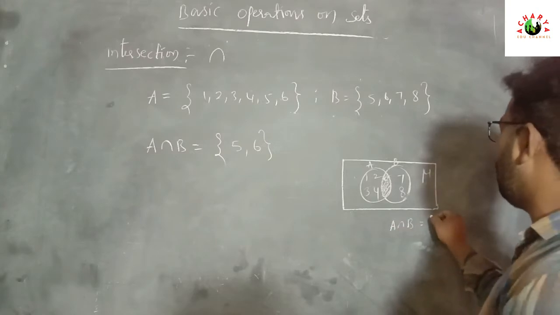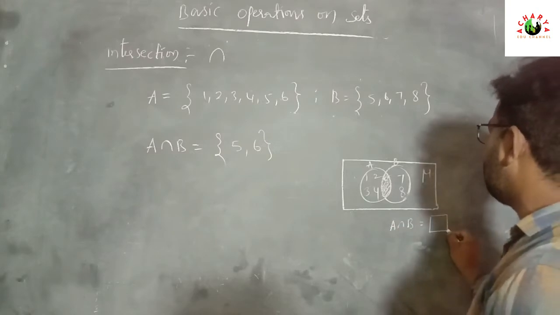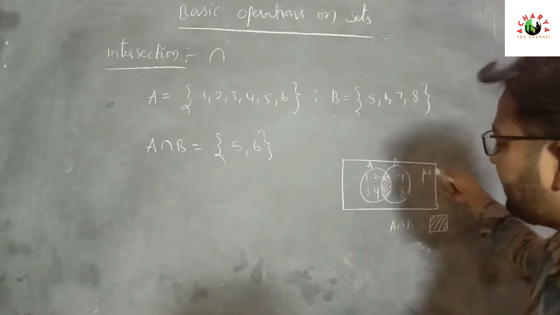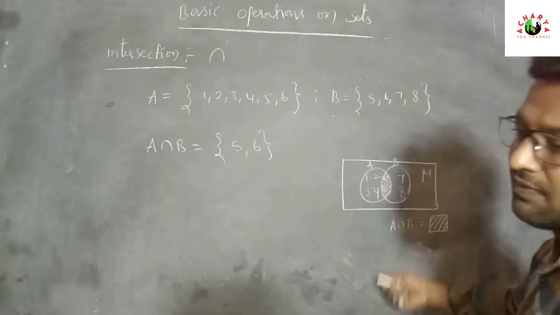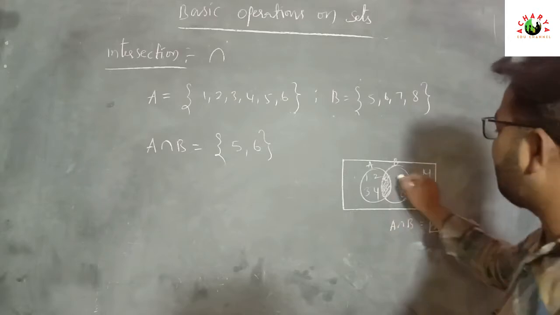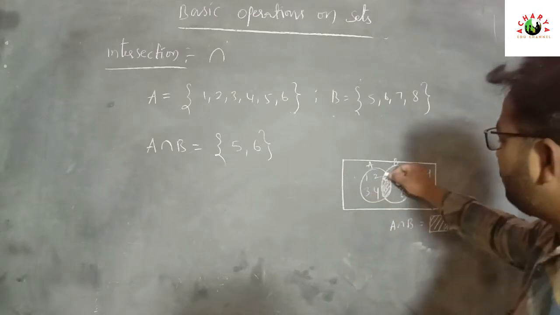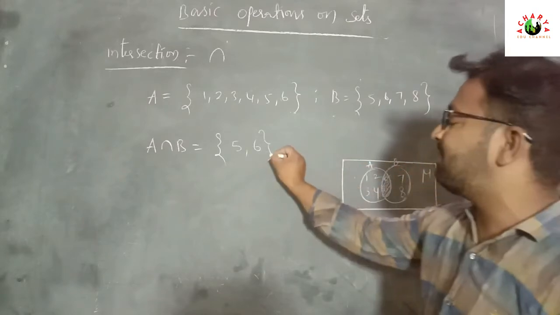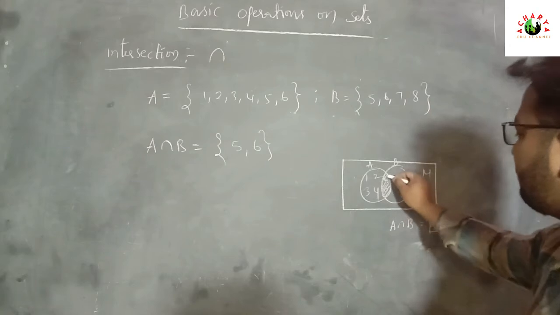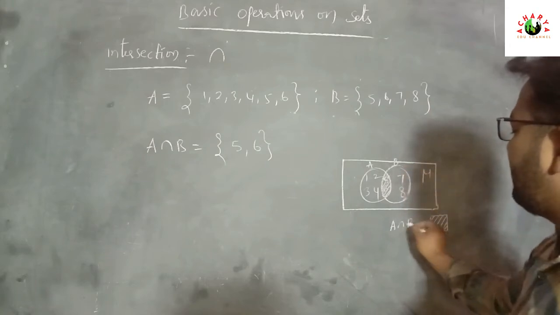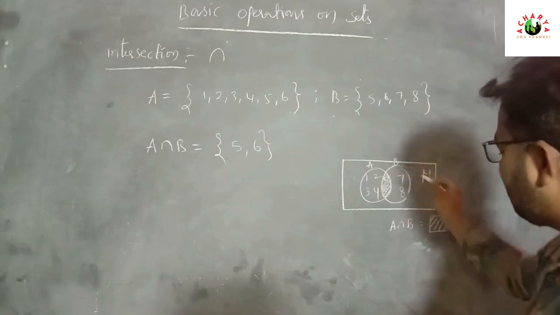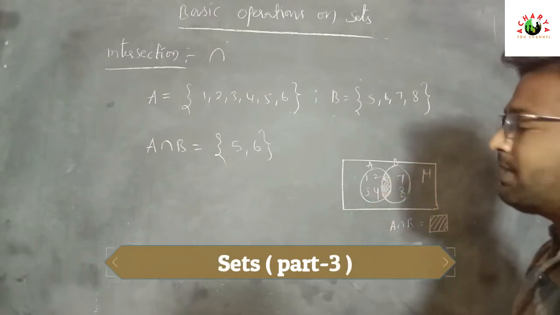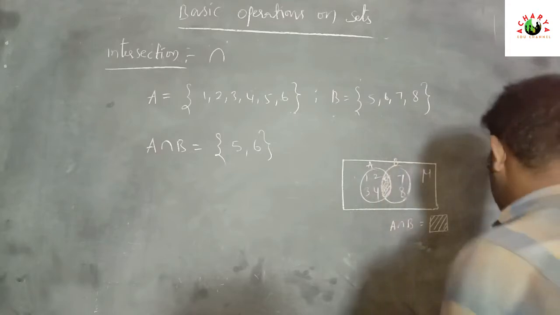In union the shaded part is complete, 1 2 3 4 5 6 7 8. But coming to intersection, we have to draw only the intersection part. Here 5 6 elements are the intersection part, so we shade only 5 6. So A intersection B is equal to the shaded part, which represents 5 and 6. So A intersection B is equal to 5, 6.